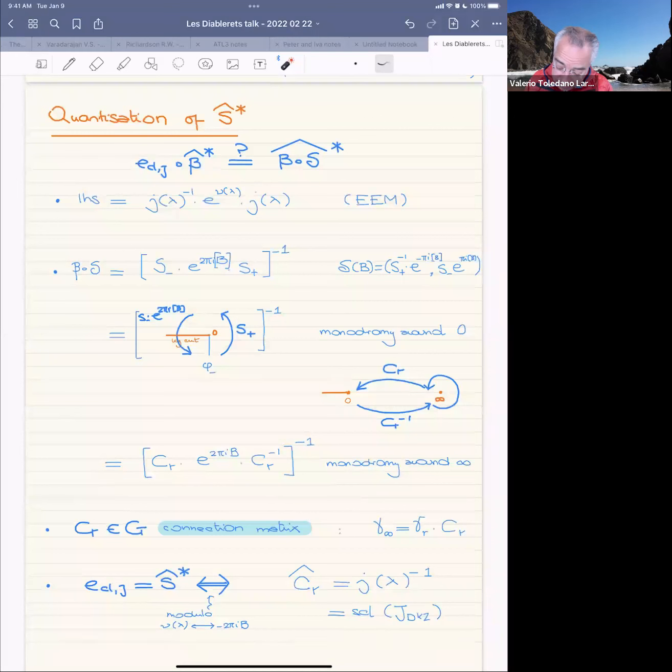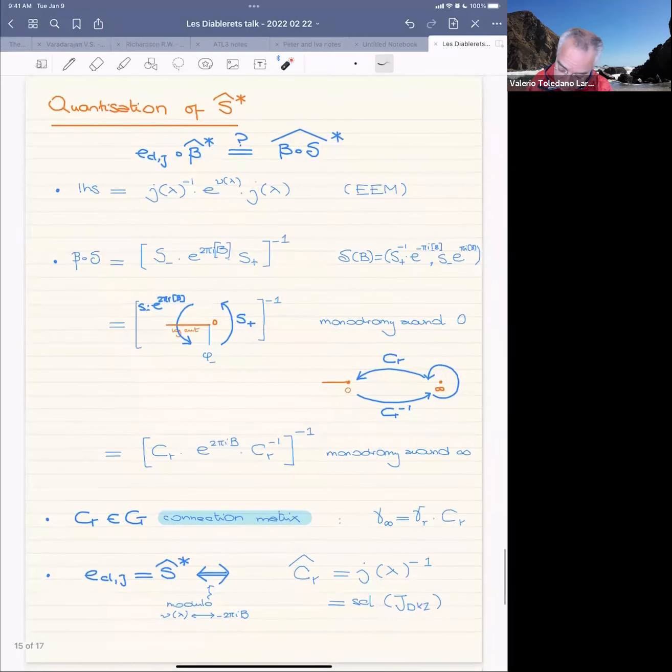Now, there's a different way to compute this monodromy. Rather than doing a small loop around 0, I could do a big walk to infinity, then take a small loop around infinity, and then do the inverse of that big walk. So I can think of this monodromy as conjugate to e to the 2 pi i B, which is the full monodromy around infinity, by a connection matrix C R, which is what Phil was alluding to earlier.